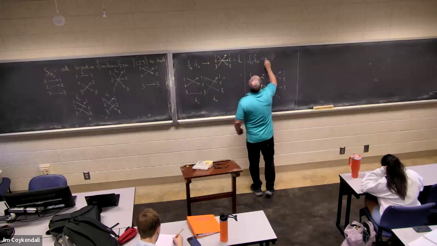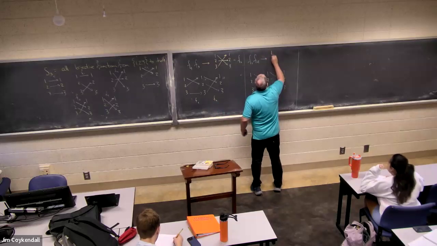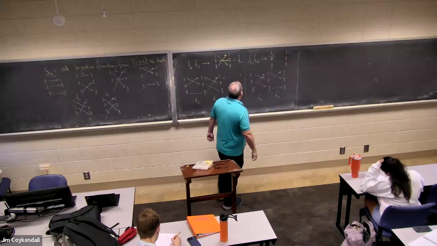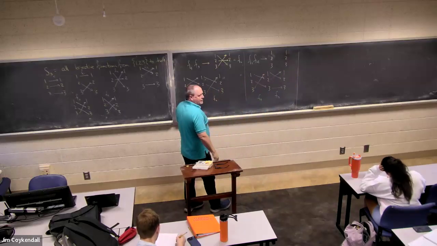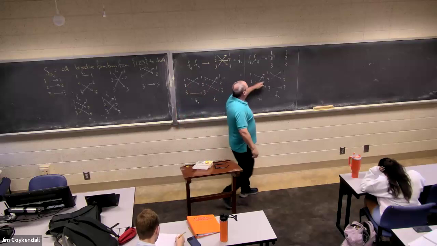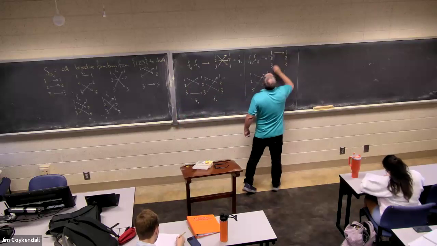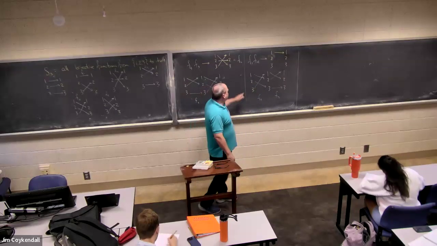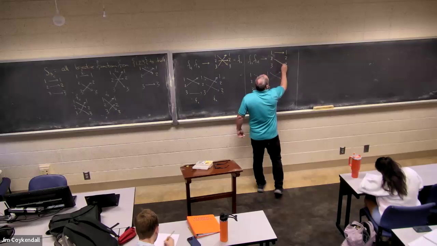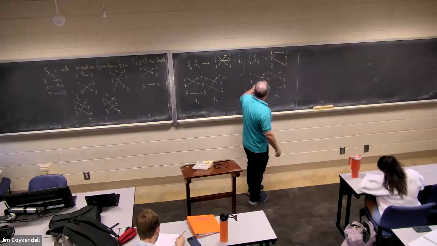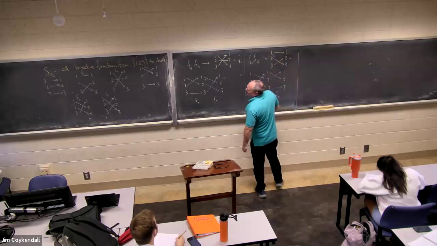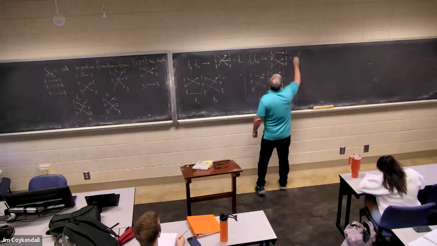What happens here? Where does one go? It goes to itself, doesn't it? So already I know these two things are different. Right, let's follow the rest of it. Two goes to three, and three had better go to two, and it does. And this is in fact F1, isn't it?